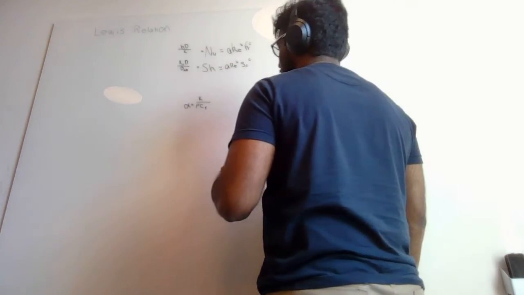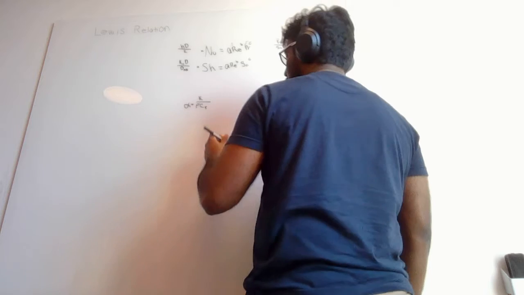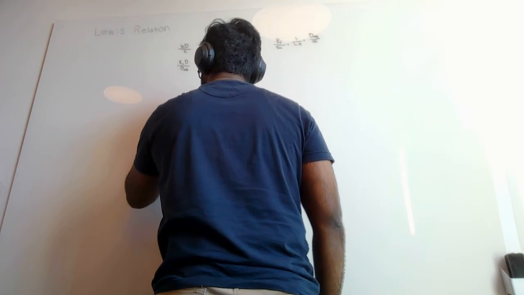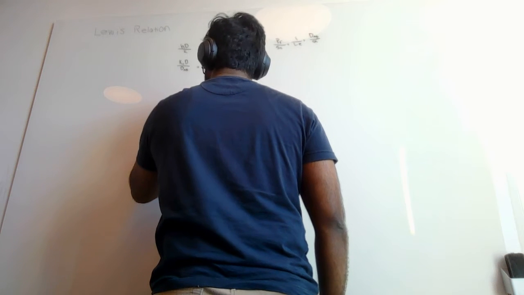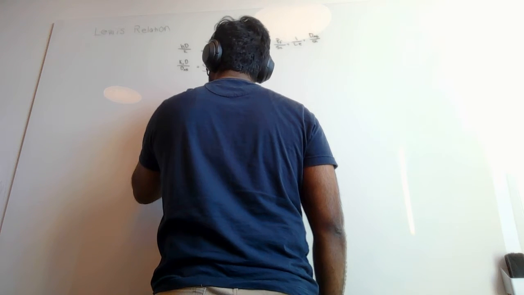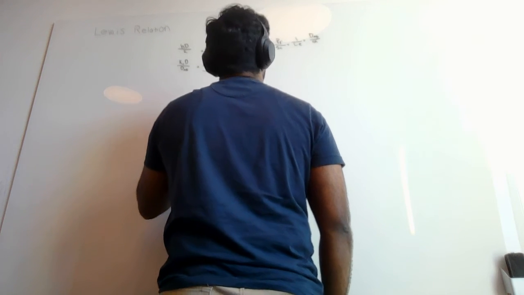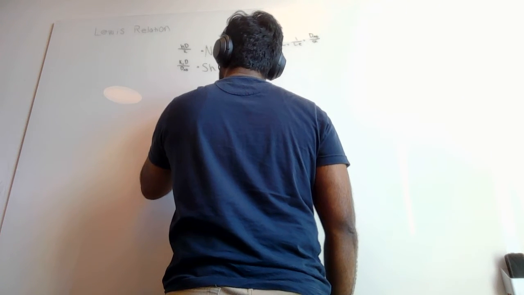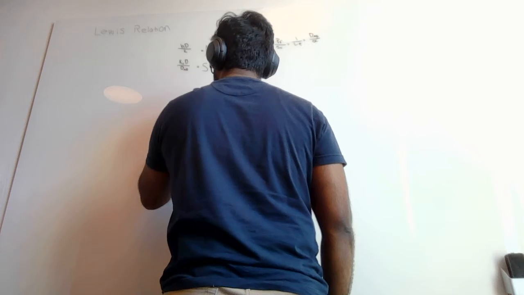And now we can go ahead and plug that in. So now 1 over Le, the Lewis number, is equal to dAB rho Cp divided by k.